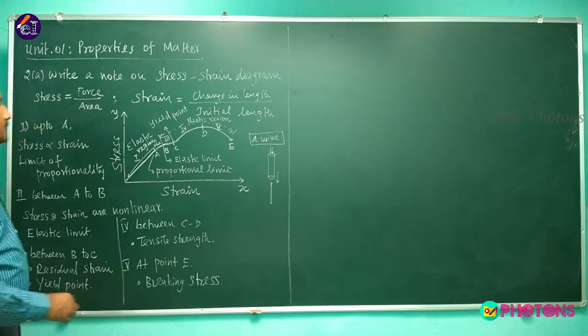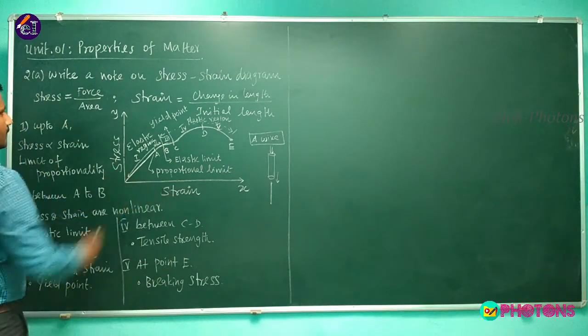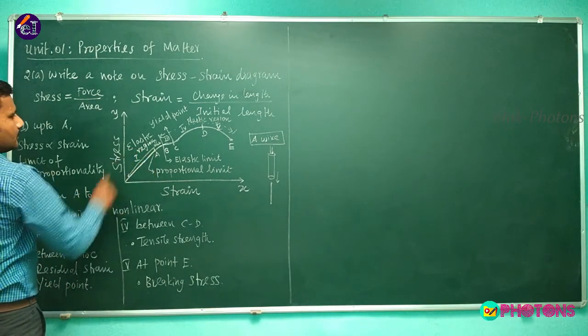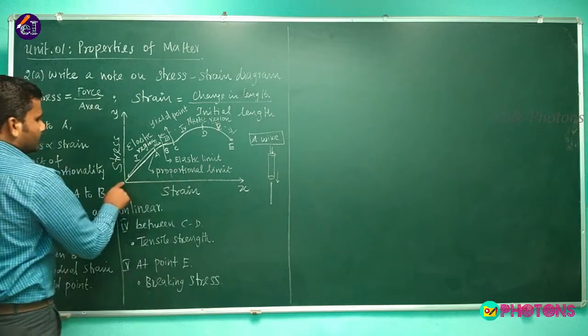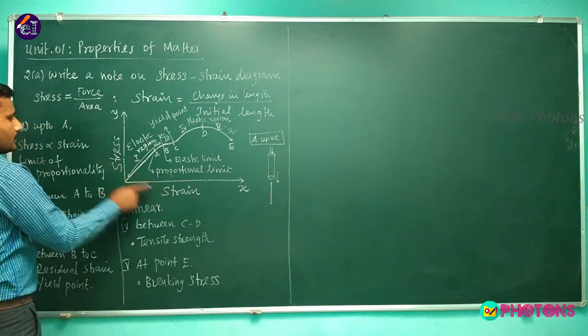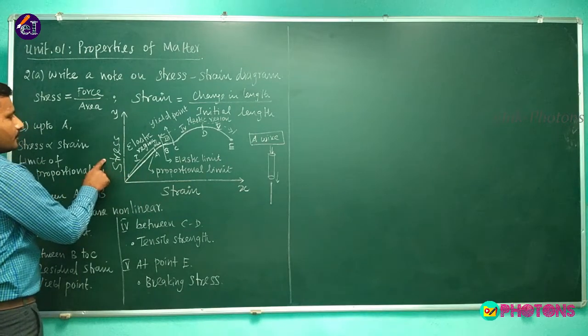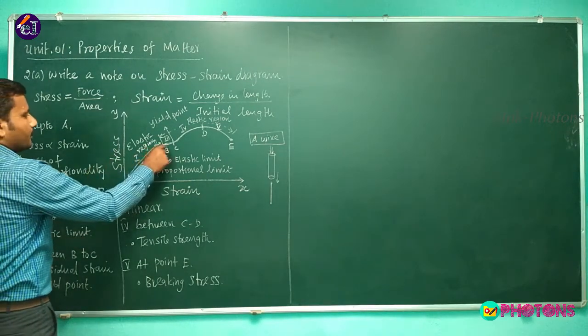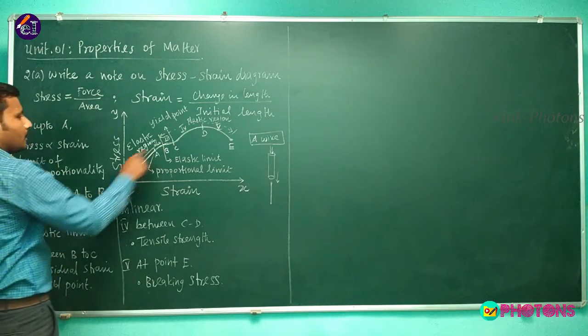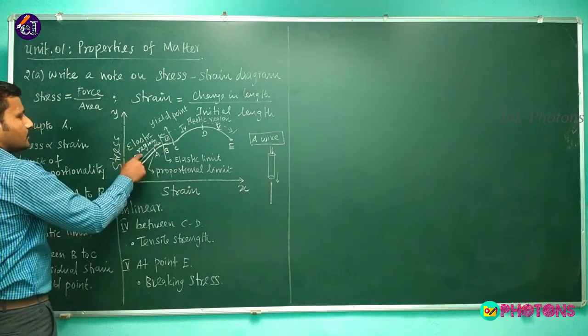So this stress and strain diagram has 5 segments. First segment is called proportional limit. From 0 to A, this graph has strain and stress in proportional relationship, and from point A to B, a nonlinear relation exists. So up to point B, this graph is called elastic region.